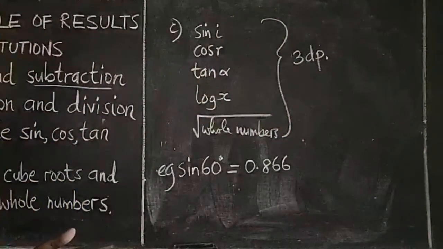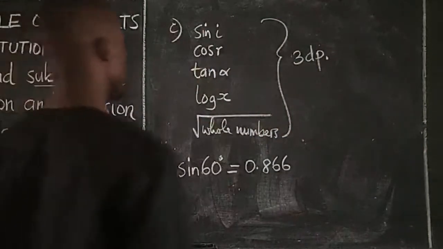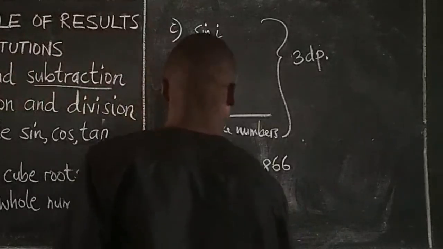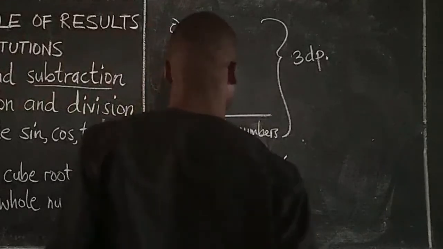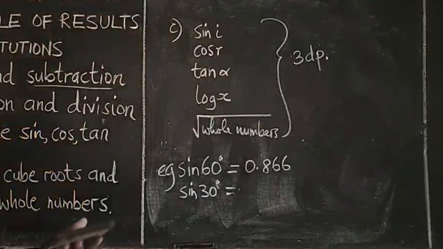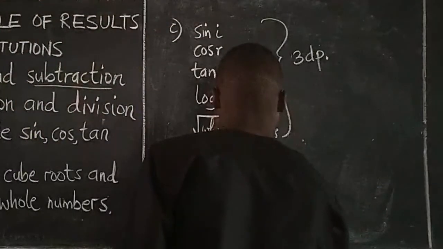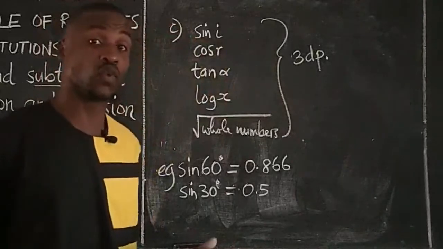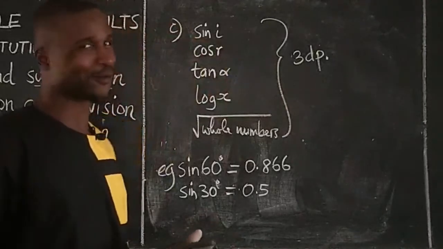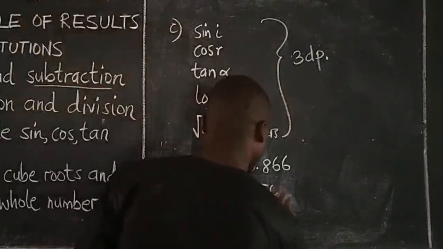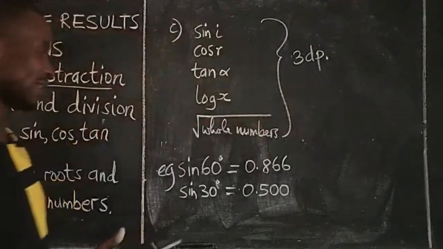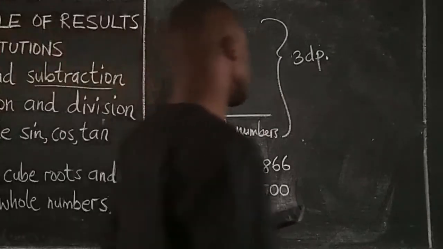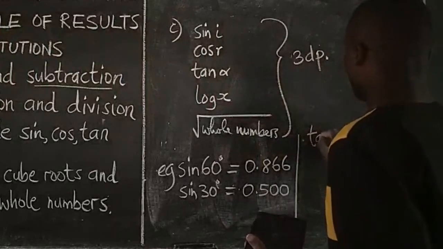You stop there. If you get sine of 30 degrees, the calculator is going to give you 0.5. So you write 0.5, but you say, Teacher Monday said we write 3 decimal places. You calculator, you are giving me only 1 decimal place. So I have to add on: 0.500.